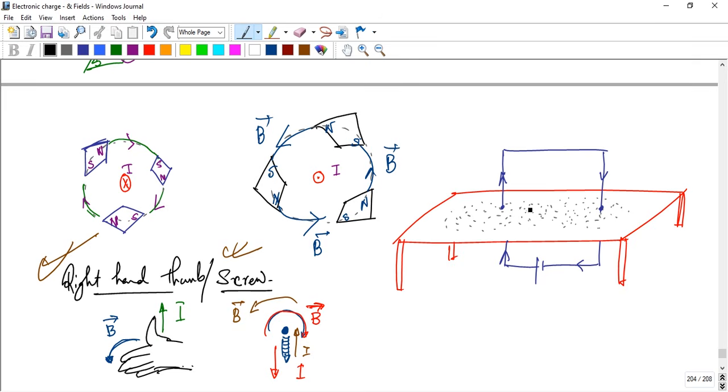So this iron dust or iron particles arrange in a circular path, not arranged normally. They arrange in this circular path.